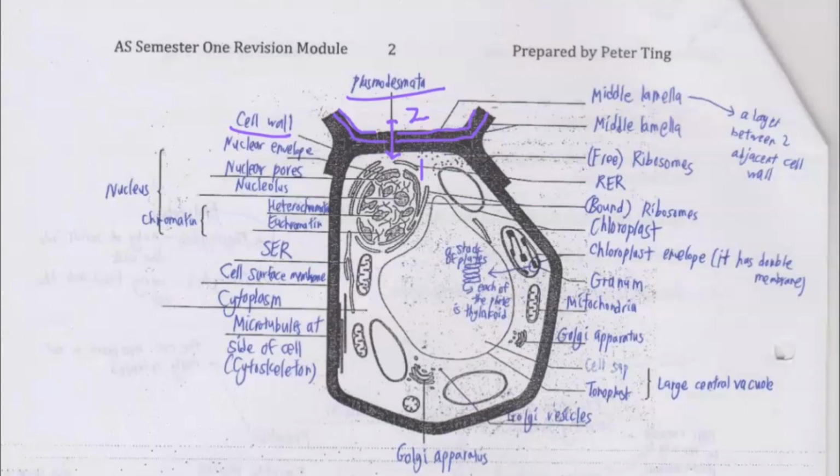Here is the chloroplast. Chloroplast is the second largest organelle present in the plant cell, and inside there is a grana. Grana are the structures which can trap the light during photosynthesis, the light-dependent reactions.